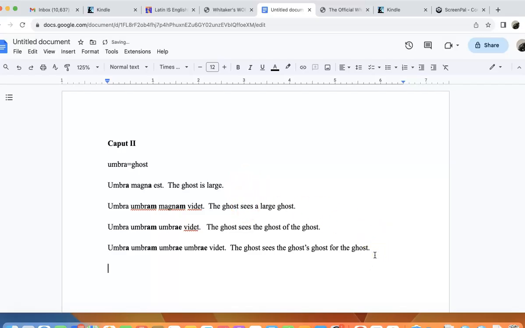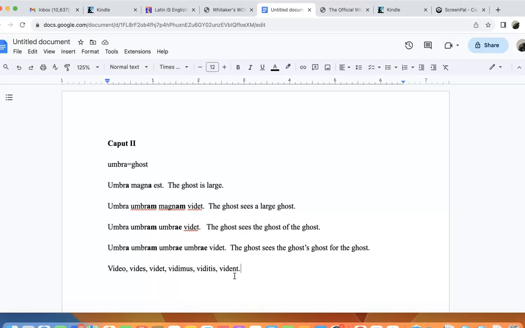And so just to give an example of the verb to see, video means I see, vides means you see, videt means he or she or it sees, videmus means we see, viditis means you all see, and then vident means they see.